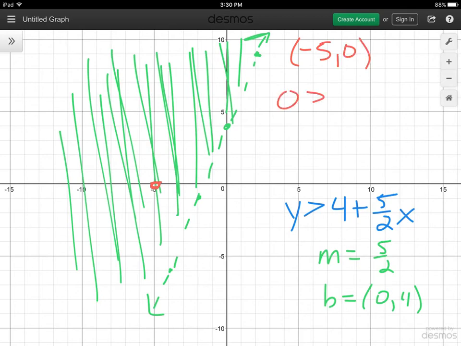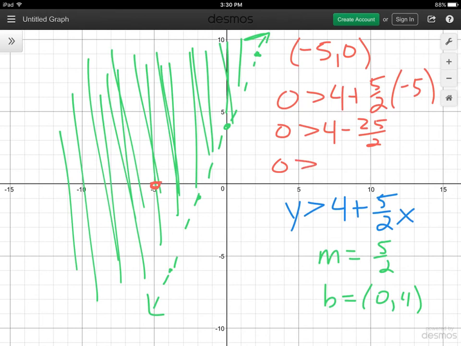So you're asking, is 0 greater than 4 plus 5 over 2 times negative 5? 25 over 2 is negative 12.5. And so sure enough, 0 is bigger than negative 8.5. So we know that that is the correct area for our solution.